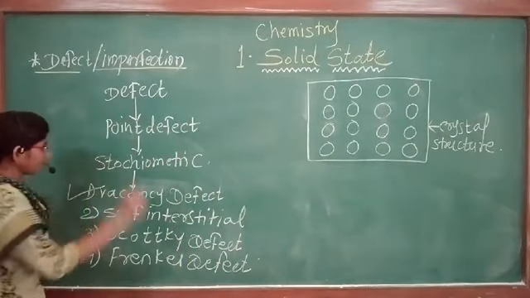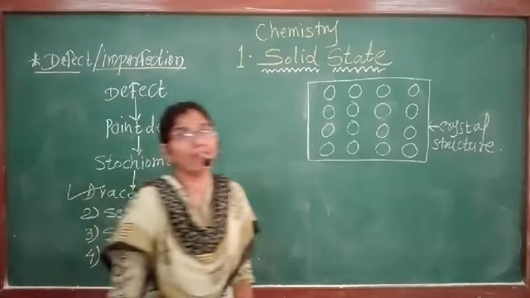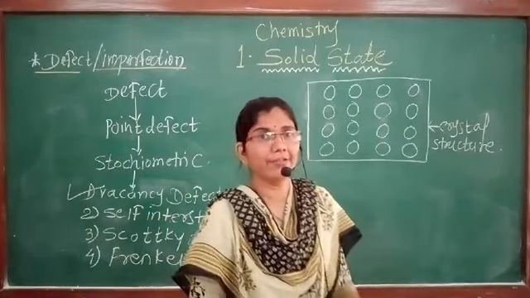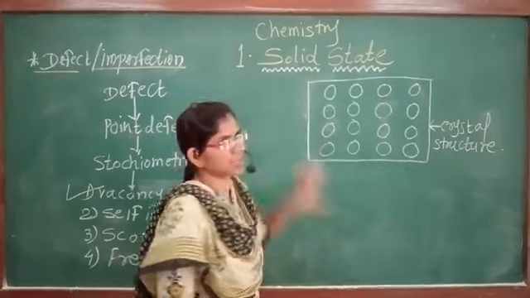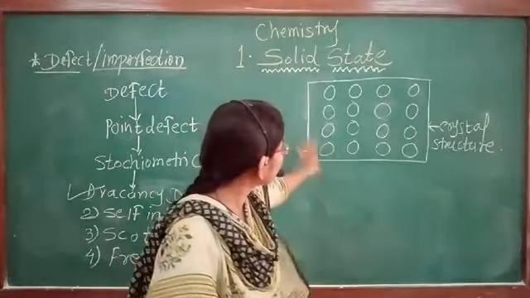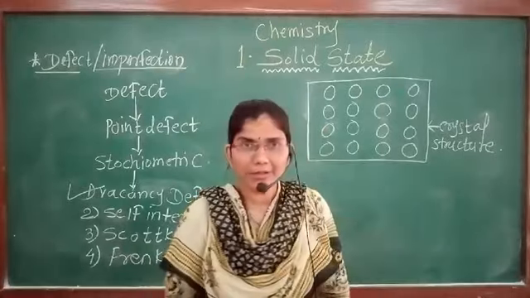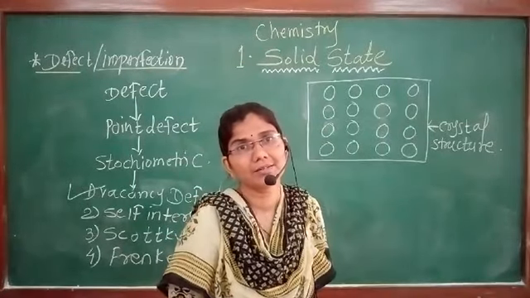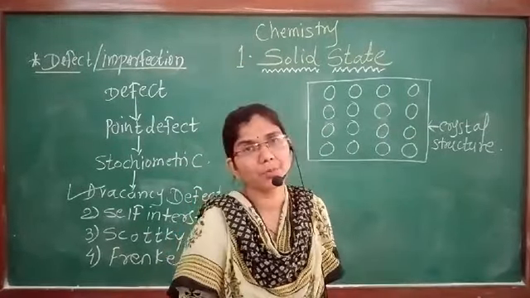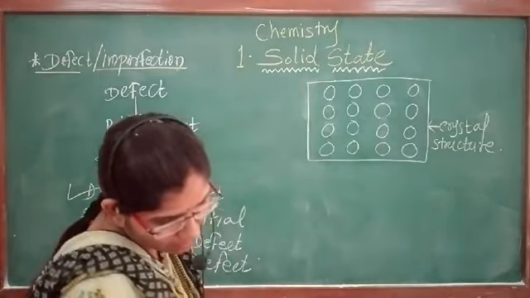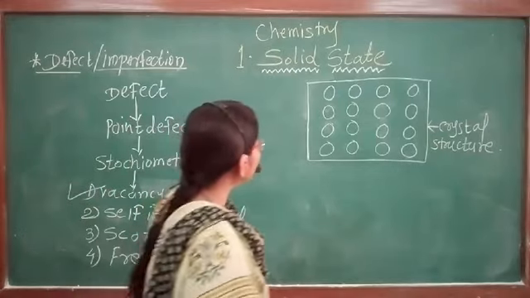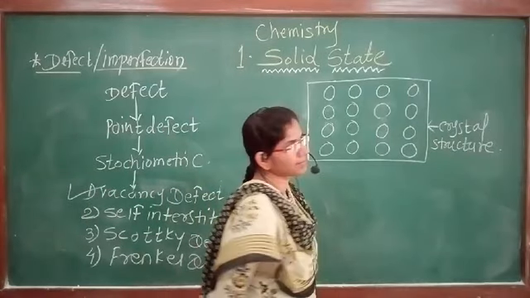The first type of defect is called a vacancy defect. For the vacancy defect, consider this crystal structure. What is meant by vacancy defect? During the crystallization process of a solid, a particle is missing.